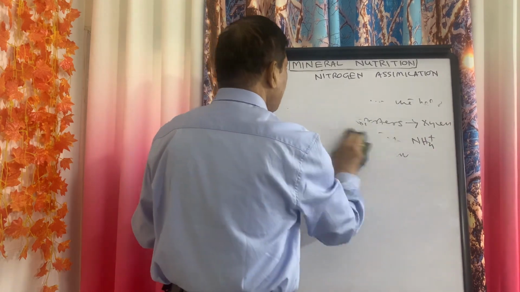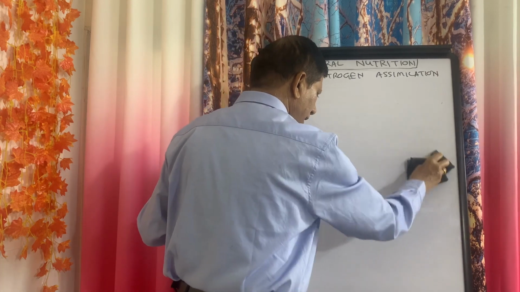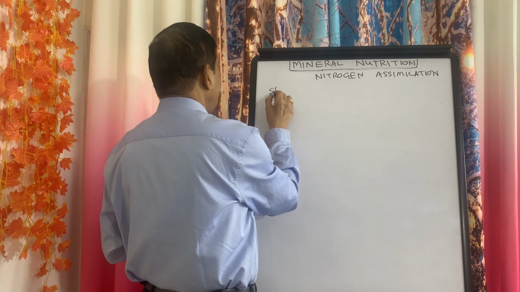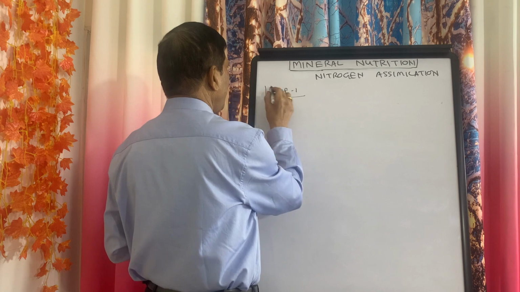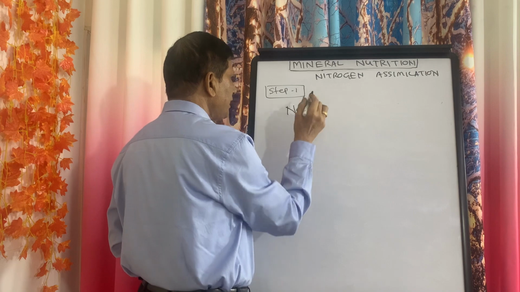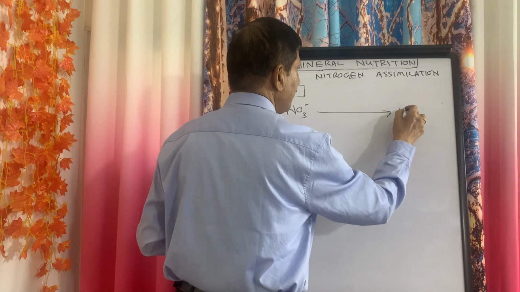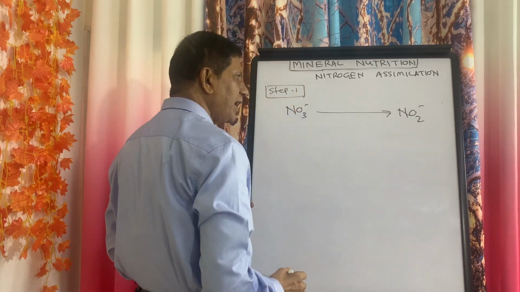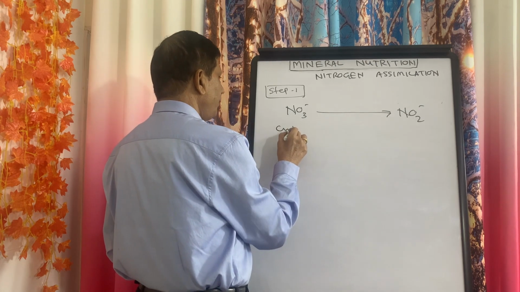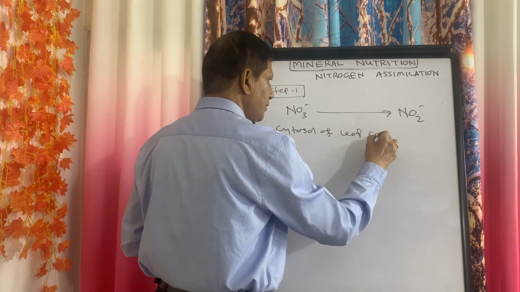Now once the nitrate ions reach the leaves, how will they be assimilated? It will be assimilated in different steps. In step number 1, the nitrate which has now reached the leaves will be converted to nitrite. And where will this take place? This will take place in the cytosol of leaf cells.